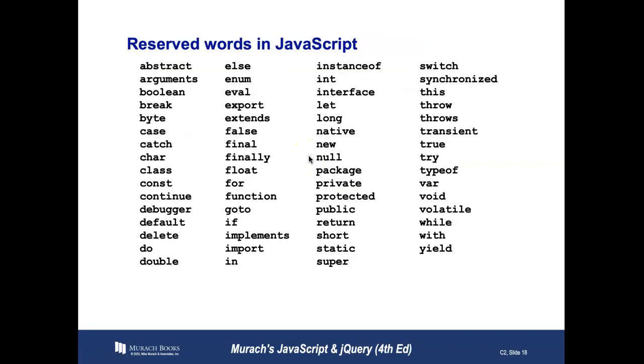Now this is that reserved words in JavaScript. So what I do is I print this out and I put it on the wall and I just watch it. So they're all words that are actually in the language of JavaScript, and that's why they wouldn't be a variable. And that's why we don't use them. So once you learn all the words in JavaScript, which is not that much, it'll make sense.